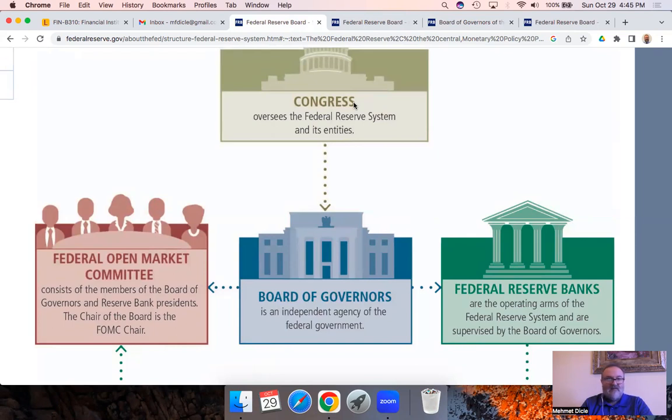And the members of the Congress get to ask questions, and sometimes they can be quite tough. And so ultimately, the central bank or the Federal Reserve answers to the Congress, to the people, and the Congress is the overseer of the entire system.